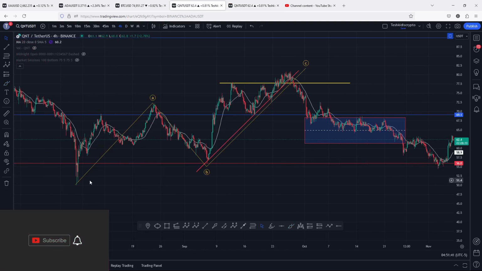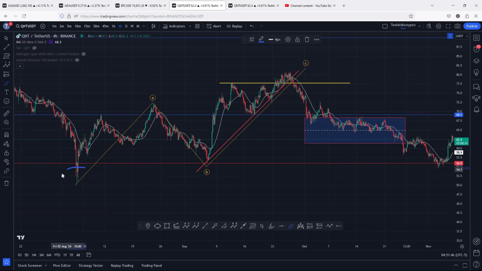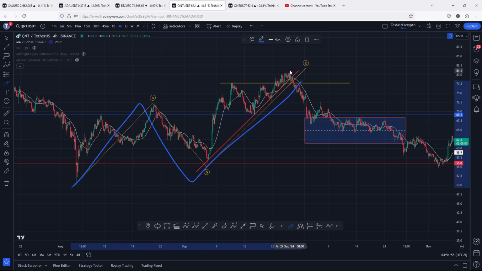you a recap of what has been happening from the lows that we made on the 5th of August, where you can see that we started a very nice bounce to the upside and we peaked in this ABC corrective structure in a move that gave us a high above the $81.